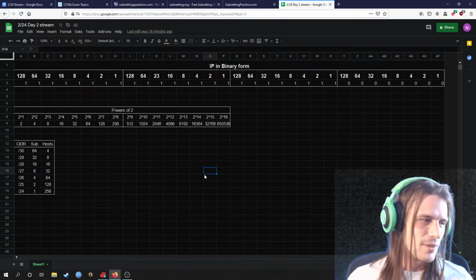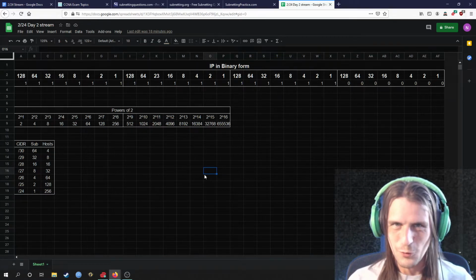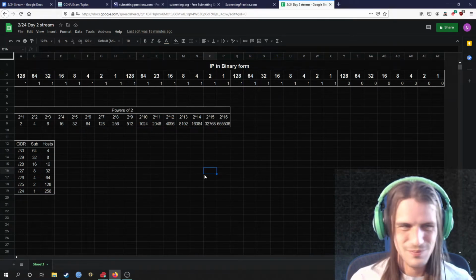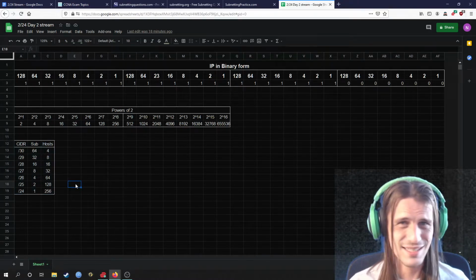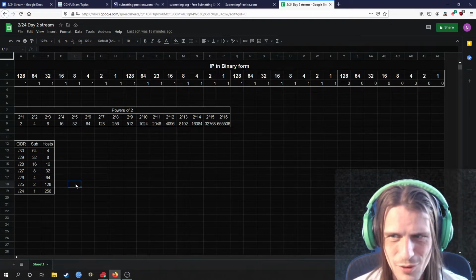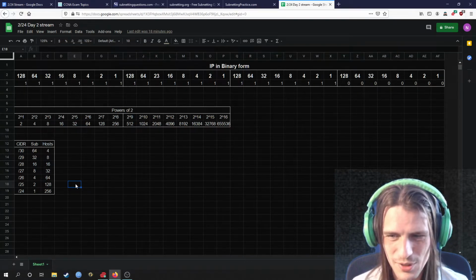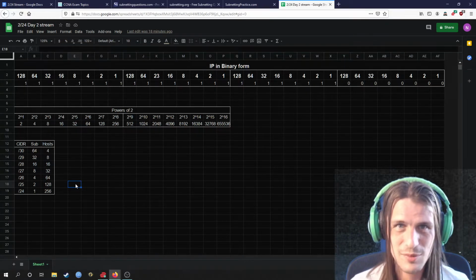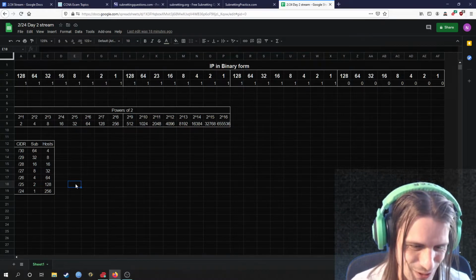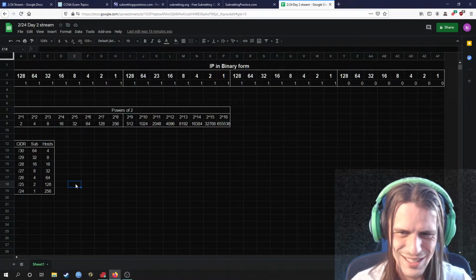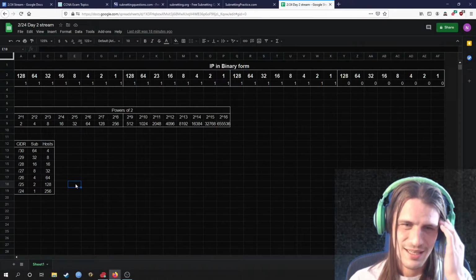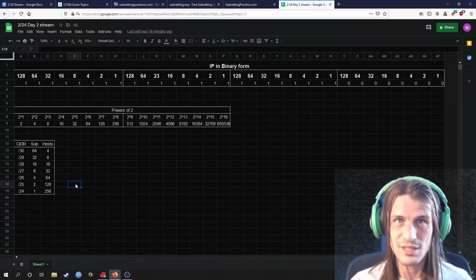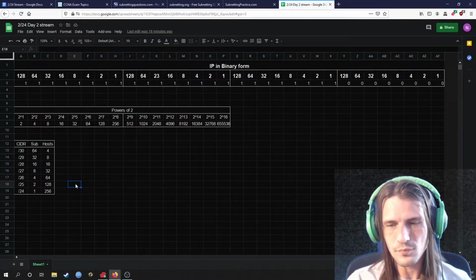So memorizing a little formula, memorizing a little sheet like this, or knowing the math behind it so you can put it on your piece of paper, I think that's completely fair game. And clearly they give you scratch pieces of paper, so they know you're going to do this. I'm just saying, utilize that, because you only have a couple of minutes for each question, and that's if you do really well on some of the multiple choice.